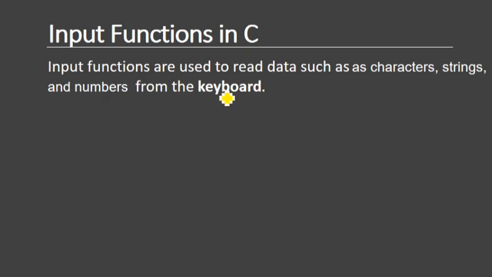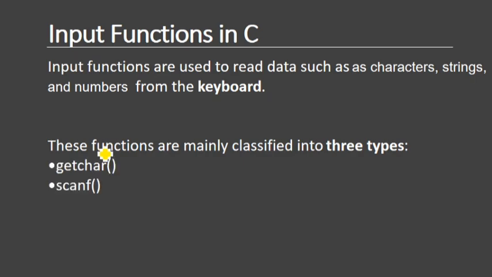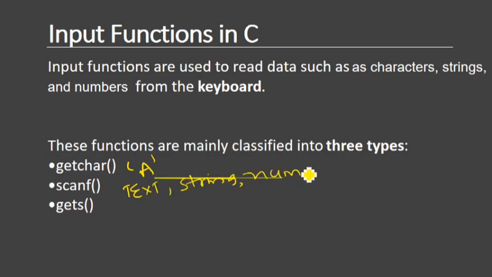So input functions are used to read data such as characters, strings and numbers from the keyboard. There are three types of input functions in C: getchar, scanf and gets. getchar is a function which is used to read only a single character from the keyboard, and scanf can read text, strings and numbers from the keyboard.